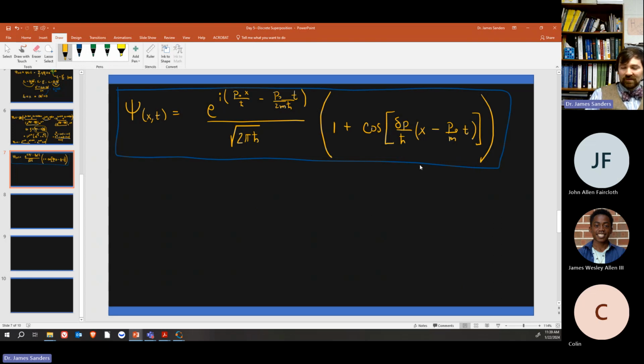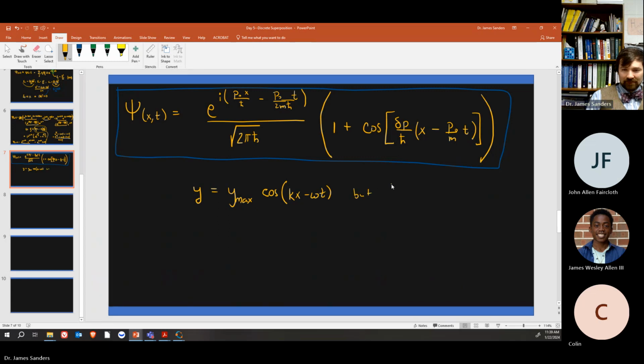And now we say, okay, wait a minute. This is a cosine. We expect this thing to be some sort of a traveling wave. Remember that a basic waveform, like a wave on a string, a traveling wave, has the form y equals y max or amplitude times cosine or sine of kx minus omega t.